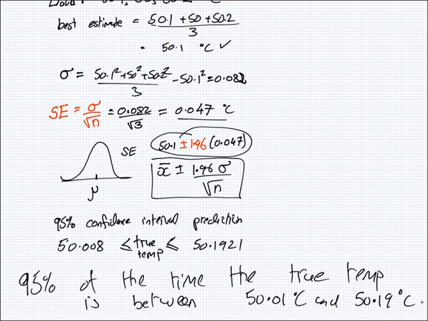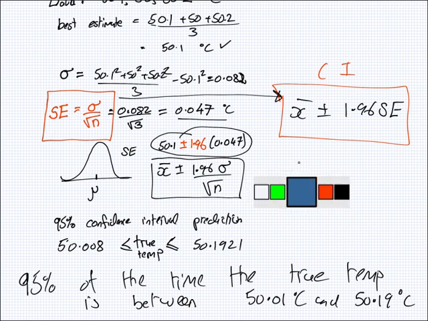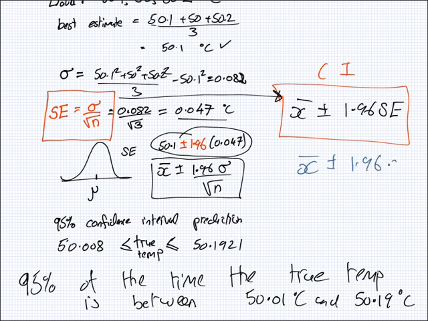Okay? So there's only two new formulas for this lesson. This one, and this one, for confidence interval, it's the average plus or minus 1.96 standard errors. And this is the formula for standard error which you can use. So if you want to just write it as one formula, it would be average plus or minus 1.96 sigma over root n.